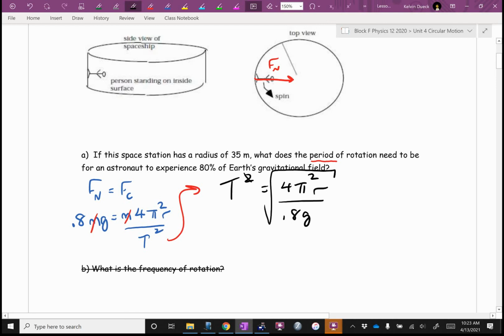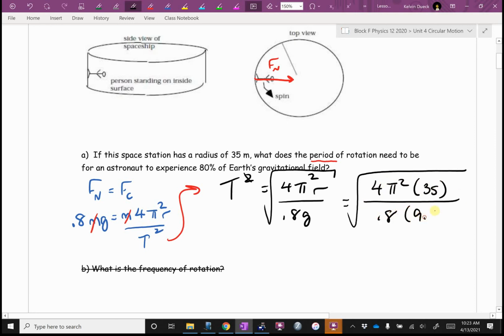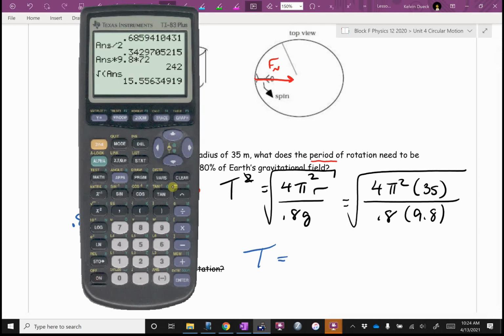So if you're designing this space station, you need it to rotate every how many seconds? Let's crunch the numbers. It's going to be the square root of 4 pi squared, r was 35, divided by 0.8 times 9.8. I would encourage you to try typing this into your calculator.